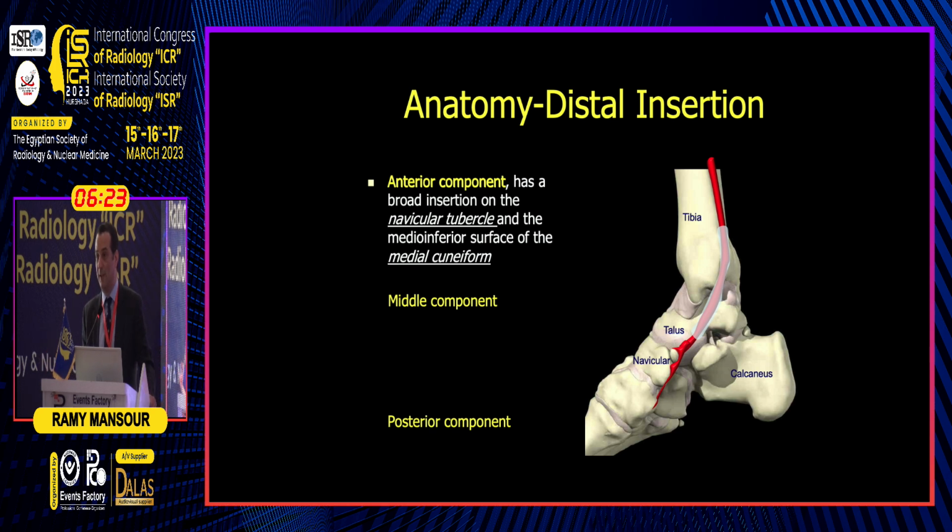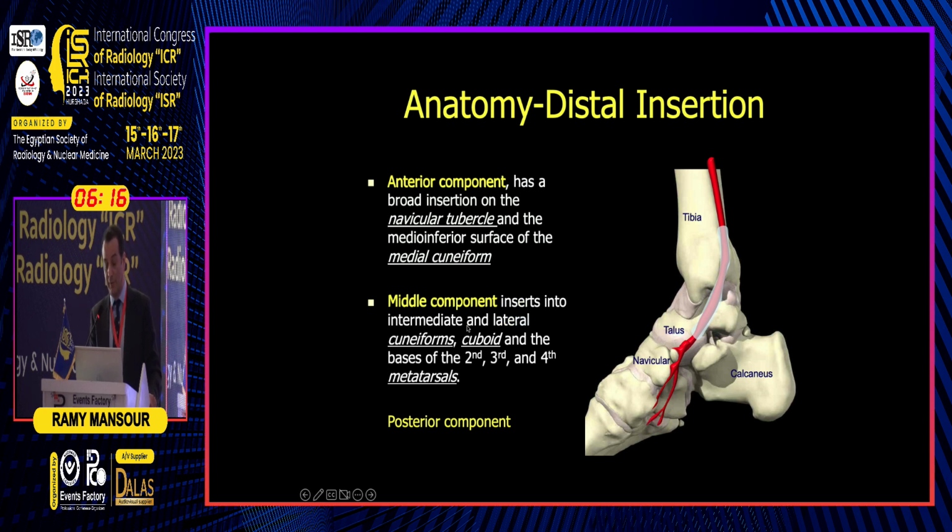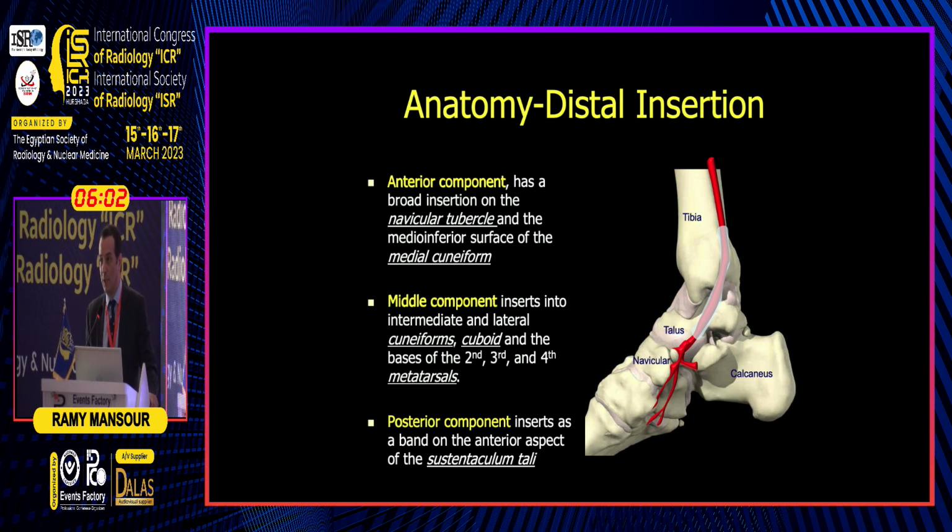We always say it is the navicular tubercle, but it also has some fibers that go to the medial cuneiform, and further down to the bases of the cuneiform, cuboid, and second and third metatarsals, and it has posterior recurrent fibers that go posteriorly. You need to know that, because sometimes you identify this anatomy. But again, if you want to remember one thing from this slide, it is the anterior component, because this is the component that always gets inflamed.